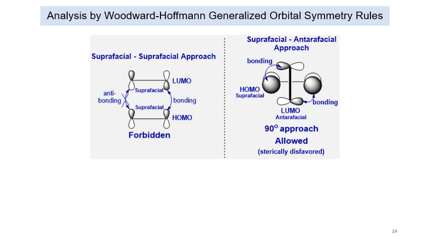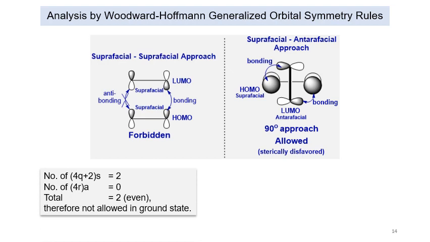If we look at this by the Woodward-Hoffmann generalized orbital symmetry rules, then we can see here in the supra-supra approach in the ground state, the HOMO and LUMO have one antibonding overlap. Therefore, the 4q plus 2 supra, we have two components, and the 4r antara we have 0 components. Therefore, this is not allowed because this is even in the ground state.